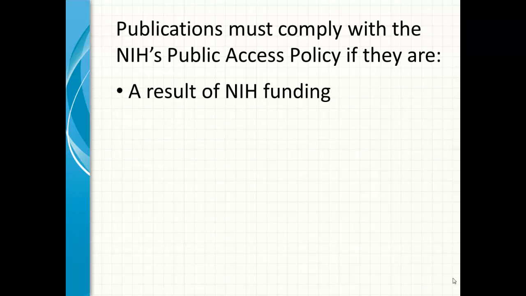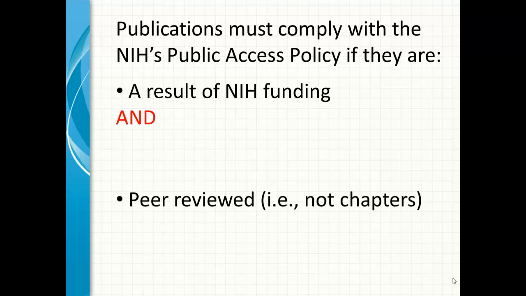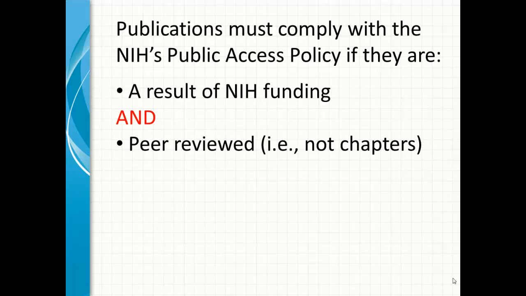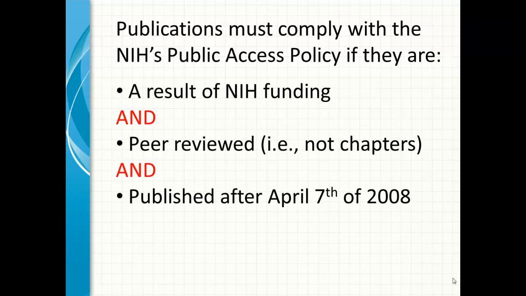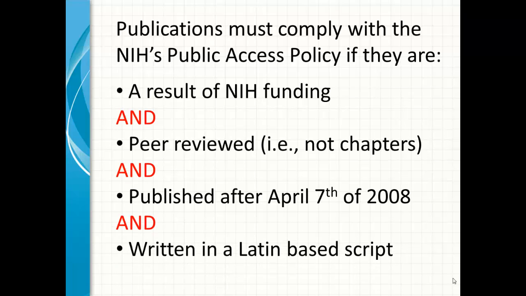Publications must be compliant if they meet the following: they are a result of NIH funding, and they're peer-reviewed, and they're published after April 7th of 2008, and they're written in a Latin-based script. Personally, I needed a graphic to see this.